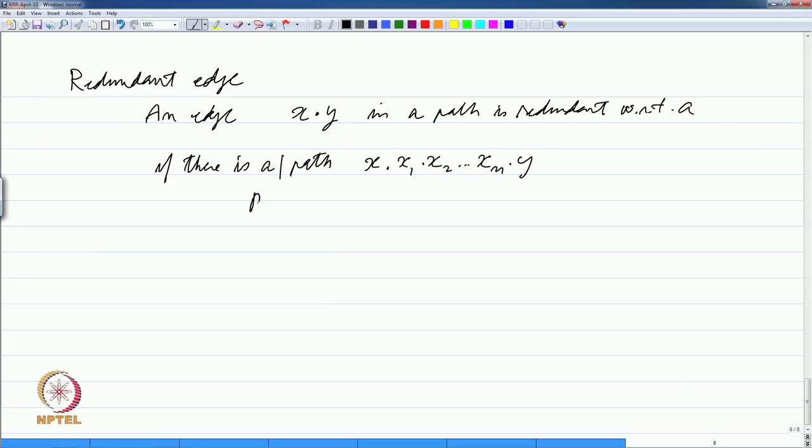In fact, we should say a positive path, because the only negative edge can only be in the last of any meaningful path. So, we say that an edge x y is redundant if there is a positive path going from x to x 1 to x 2 to x 3 to y, let us say there are only these things, then this edge is redundant.